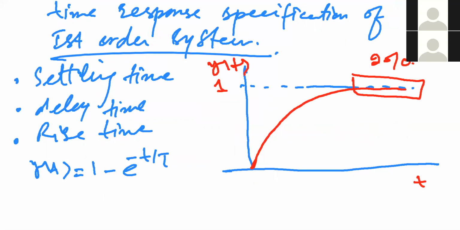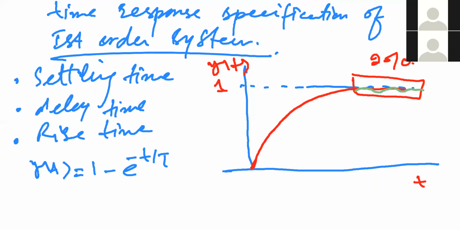So we say that when the response is within this limit, 2% to 5%, even in one of the books, in Ogata, it is said that if it remains within 2% to 5%, that is the allowable tolerance. Sometimes it may not be the steady state, so it can also fluctuate like this. If it is a higher order system, it can fluctuate, so you may not get a very straight line.